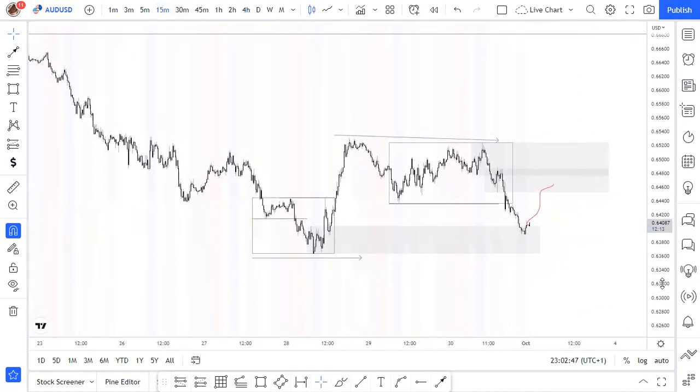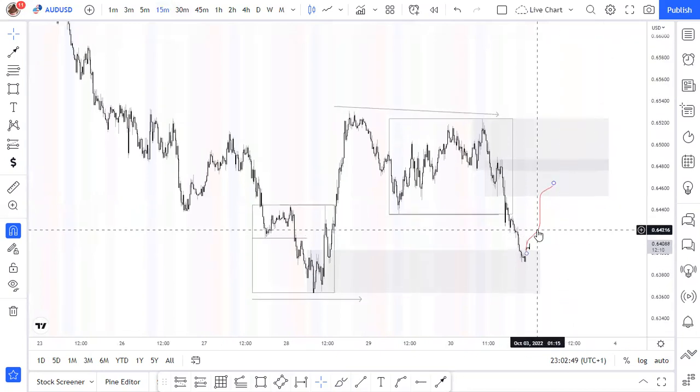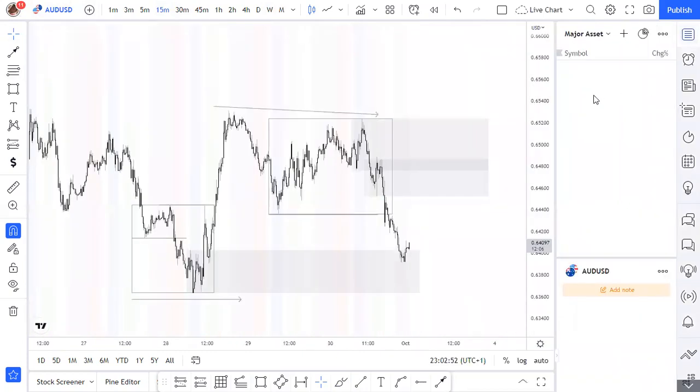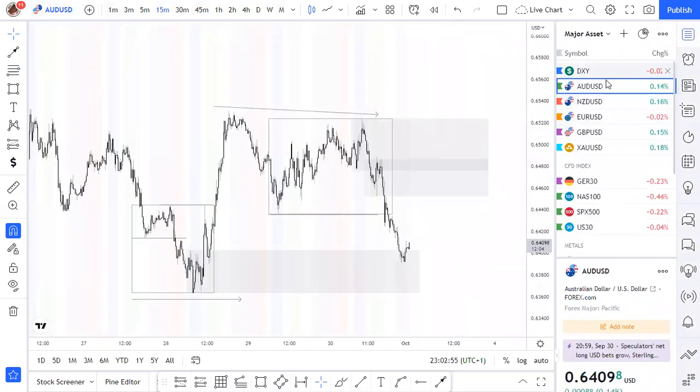So I don't know if you guys already know, the Australian dollar and New Zealand dollar, that's AUD/USD and NZD/USD, they are directly correlated. That's the price action on both of them. They are almost the same, like 70% the same.